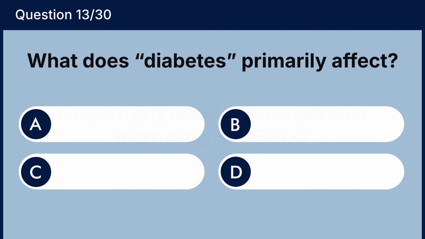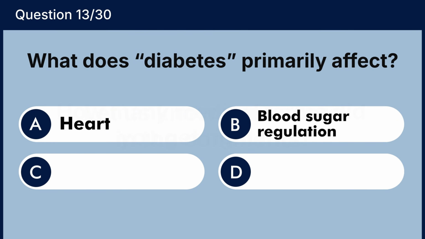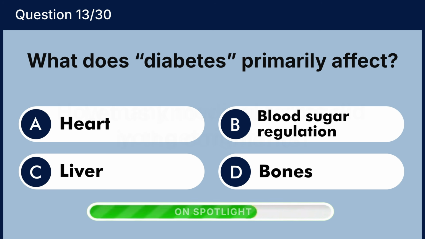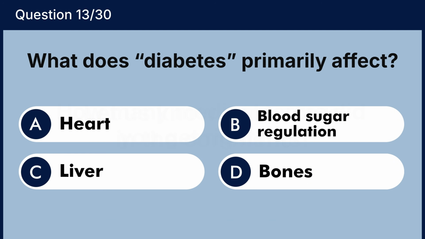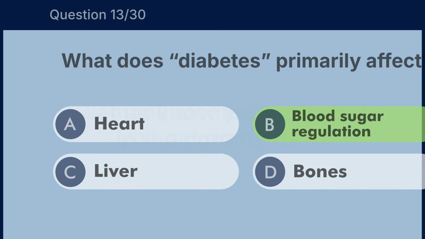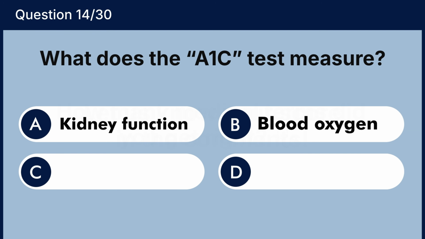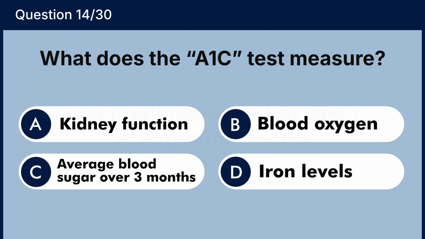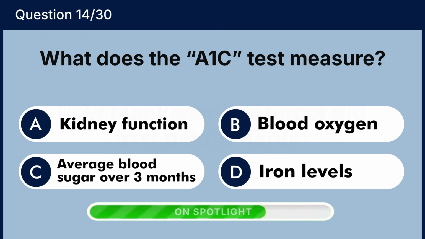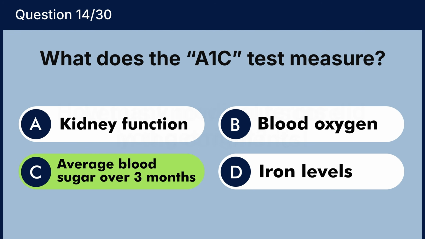What does diabetes primarily affect? Blood sugar regulation. What does the A1C test measure? Average blood sugar over 3 months.